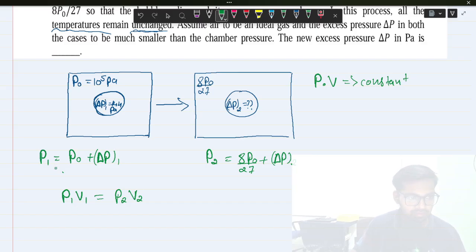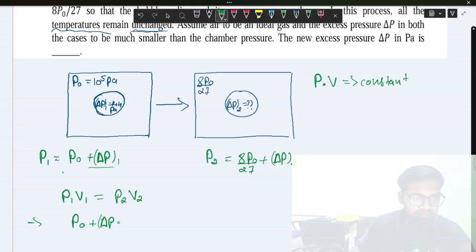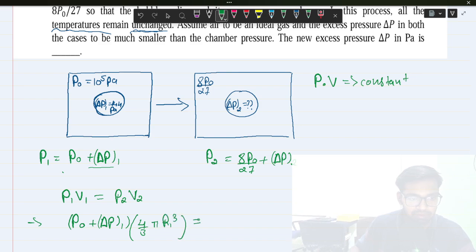P1 is P naught plus delta P1, and the volume is 4 by 3 pi R1 cube, and that will be equal to 8 times P naught by 27 plus delta P2, multiplied by 4 by 3 pi R2 whole cube. So the 4 by 3 pi on both sides will be cut out.